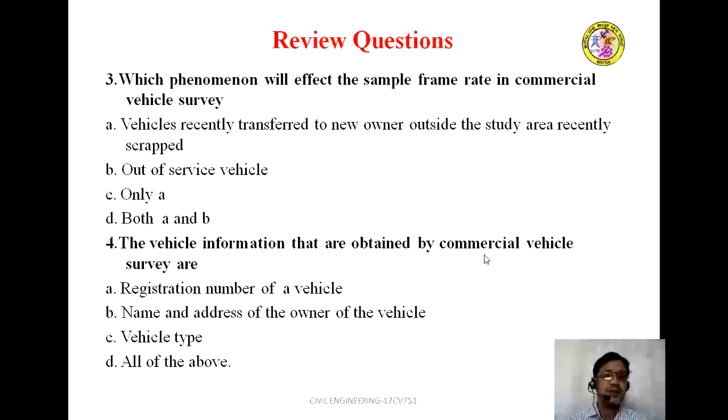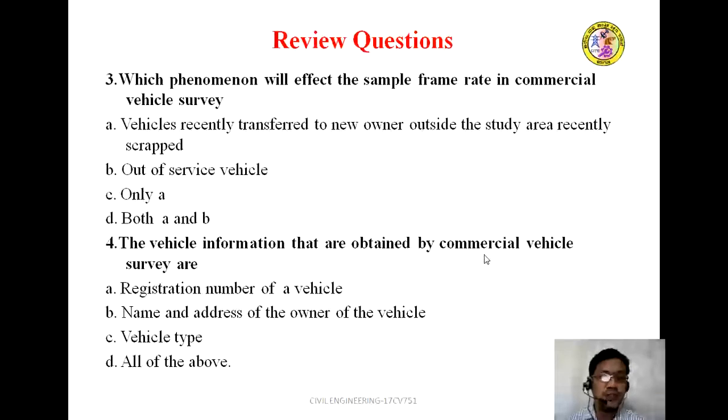Option C, only option A. Option D, both A and B are correct. Obviously D, both A and B: a vehicle recently transferred to new ownership and scrapped, or made out of service, is going to affect our sample frame rate in commercial vehicle surveying.